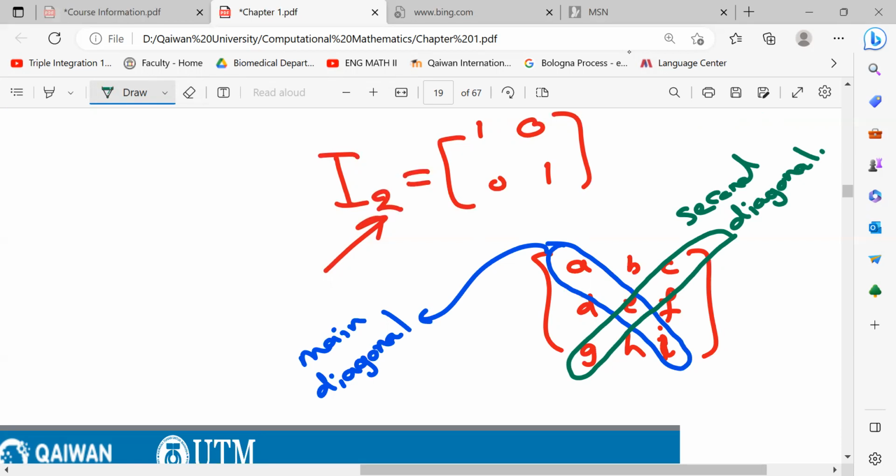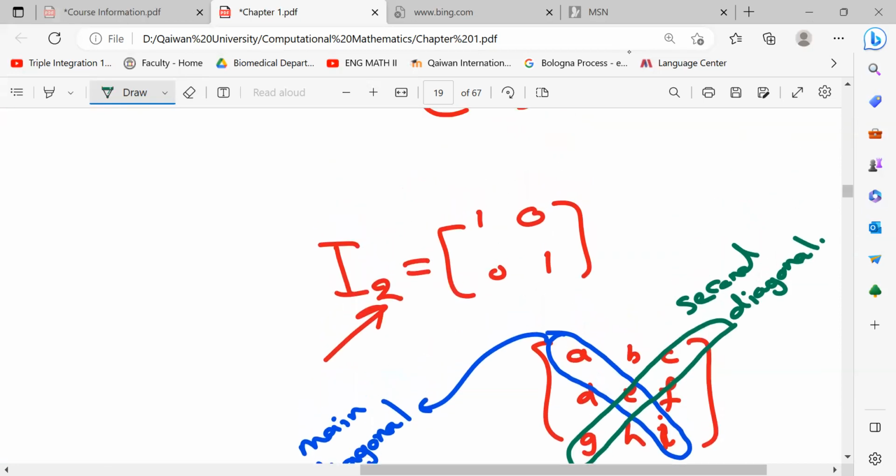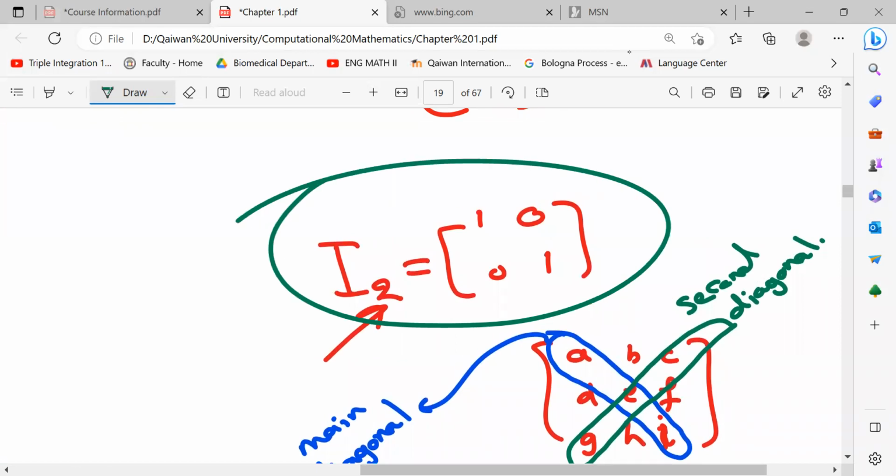We say if all the upper elements and lower elements of the main diagonal are 0, and the entries of the main diagonal are all ones, we say that matrix is called an identity matrix, like this one. This is an identity matrix.